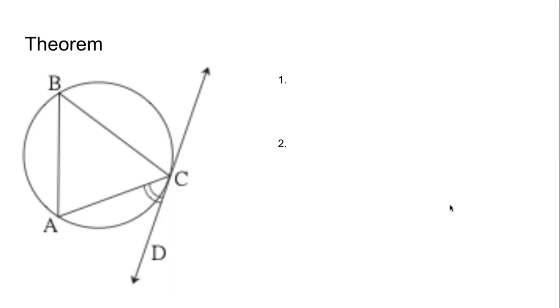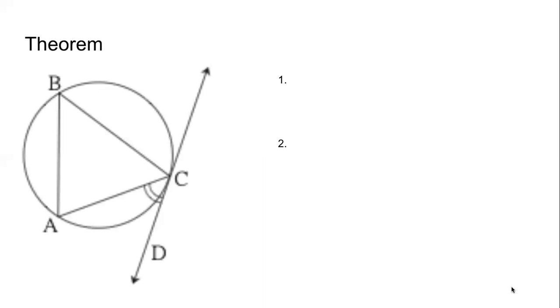The proof for this theorem is very, very long. There are 3 parts to the theorem, and that is why it is not asked in the exam. But what the theorem says is very interesting, very useful, very important.